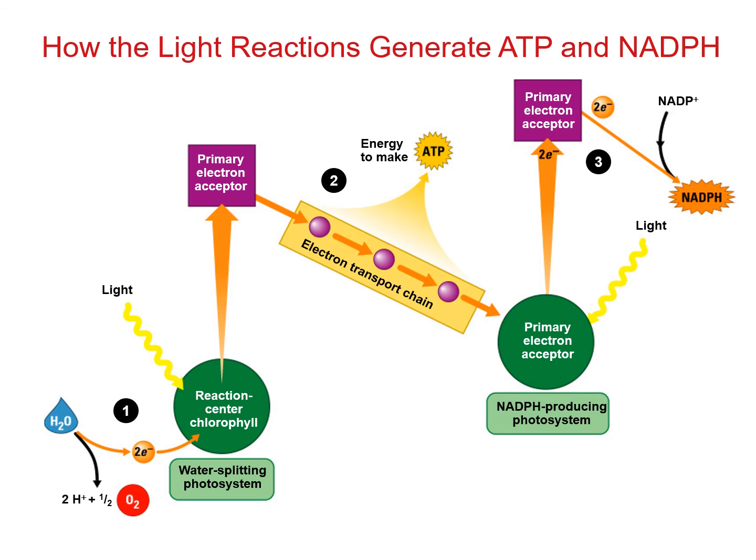The electron transport chains are arranged within the photosystems in the thylakoid membrane and pump hydrogen ions through that membrane. The flow of hydrogen back through the membrane is supported by ATP synthase to make ATP. In the stroma, the hydrogen ions combine with NADP to form NADPH.